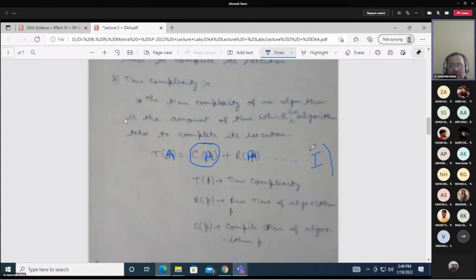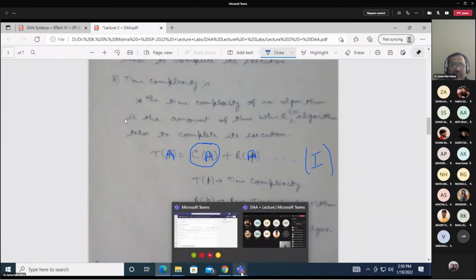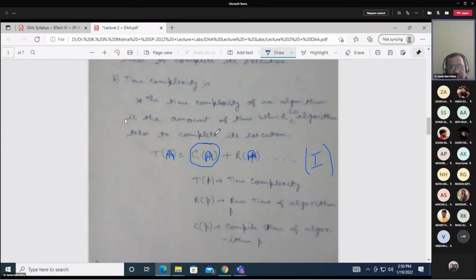In this equation, what is CA? CA is the compile time, amount of time taken by the algorithm at the time of its compilation, or amount of time taken by the program at the time of its compilation. And what is RA? Runtime, sir.